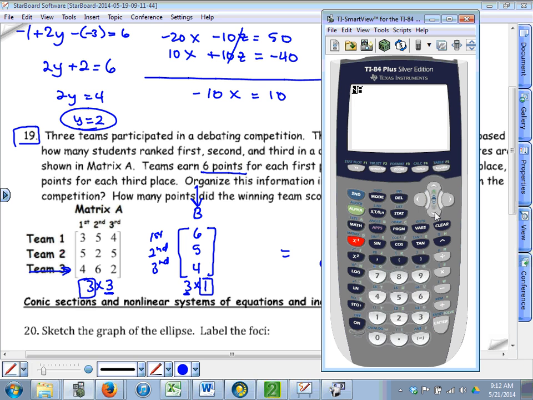Then you can go back and edit matrix B as a 3 by 1. Let's call it 6, 5, 4. Then you can multiply matrix A by matrix B, and it gives you 59, 60, and 62.